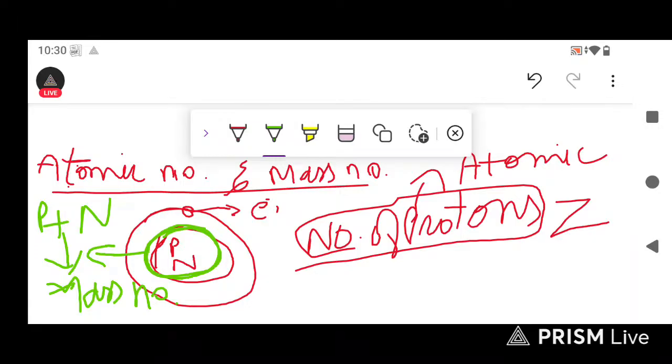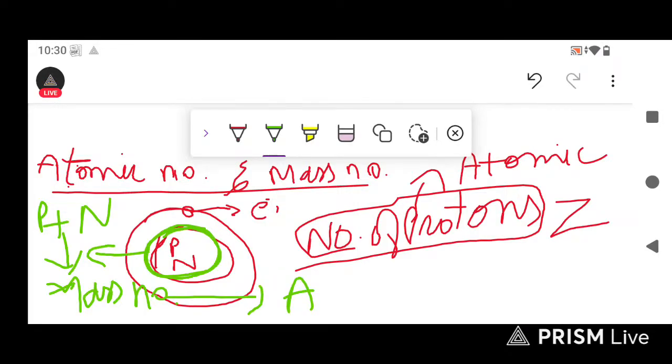We know that inside the nucleus both protons and neutrons reside, so the sum of protons plus neutrons in the nucleus is the mass number, and it is represented by A.